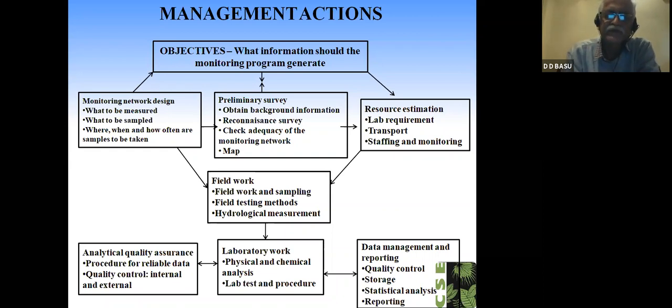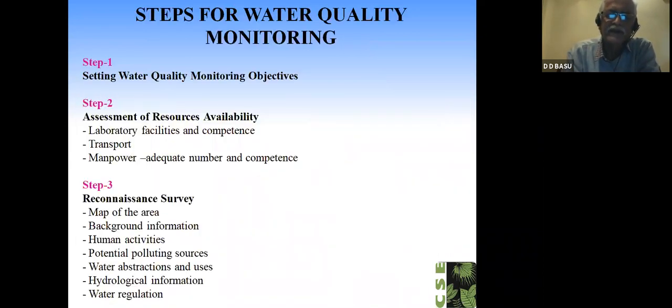Next. So you have a more or less eight-step process for water quality monitoring: setting objectives, assessment of resources such as laboratory facility, transport and manpower, and a reconnaissance survey, which I am telling you about, with a map of the area and background information on human activities.